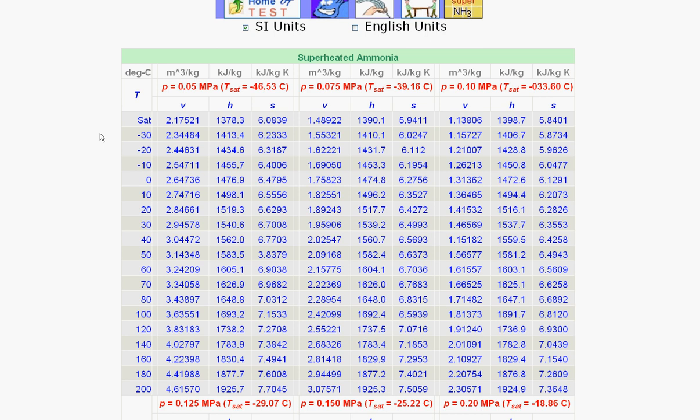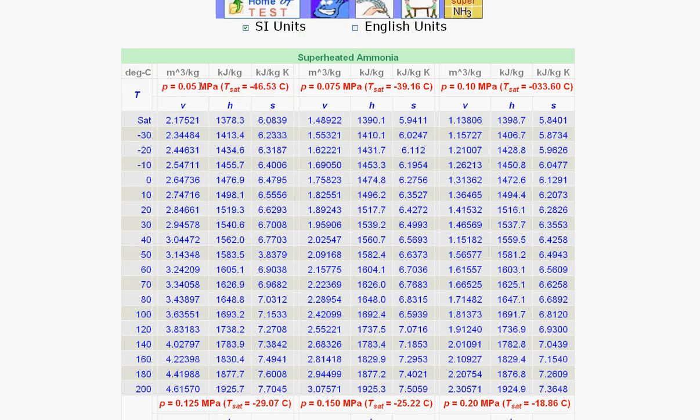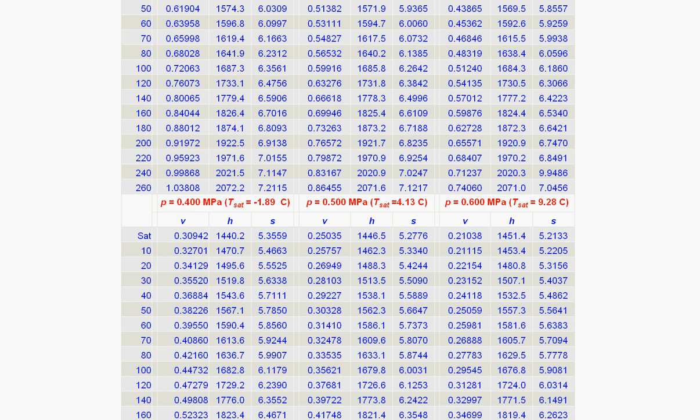So as you can see, there are actually several mini tables each divided up by different pressures, and it goes all the way from 0.05 megapascals all the way up to 20 megapascals.